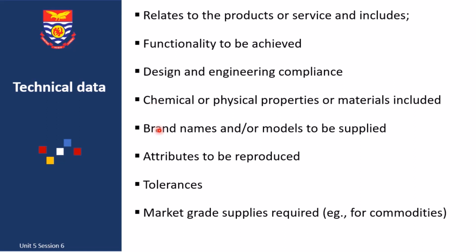And then brand names and models to be supplied, attributes to be reproduced in terms of specification by examples. And then tolerances, that is the expected deviation from specification that will be accepted by the buyer. And then market grade suppliers required, especially for commodities.